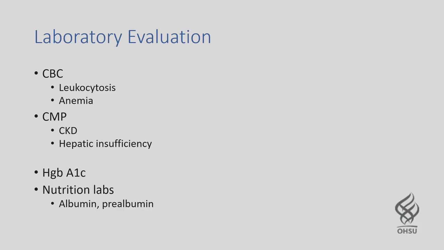If they have a leukocytosis, do they have uncontrolled infection, in which case in the patient with a non-healing wound or gangrene, we may be offering them a drainage procedure or even an amputation for source control of infection before any arterial intervention is done, because we want to get them through that initial inflammatory phase before doing a revascularization.